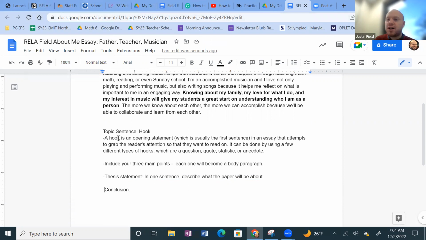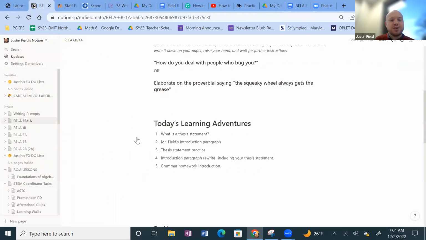Make sure you have a hook, make sure you have your 3 main points, your thesis statement, and your conclusion. All right, so with that, we're gonna have some time to do our thesis statement practice. And then, we'll do that together. And then your independent time, you're gonna do some introductory paragraph rewrite and include your thesis statement.